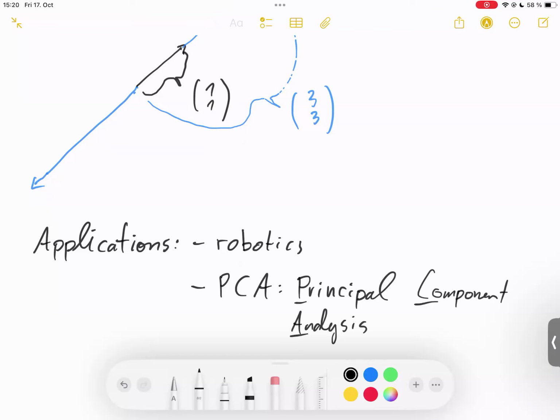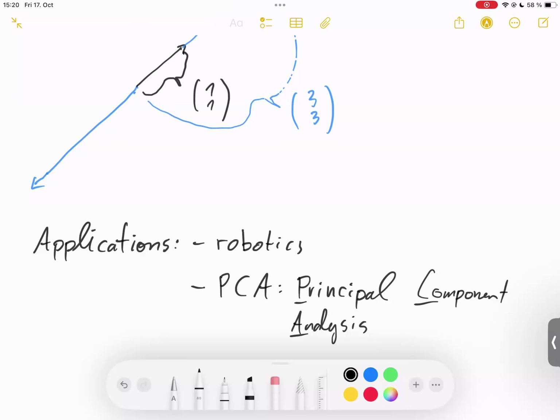PCA allows you to map your data to a different basis, and this can be used to reduce the dimensionality of your data. You have some loss potentially, but you have a high dimensional data set and you map it to a lower dimension.